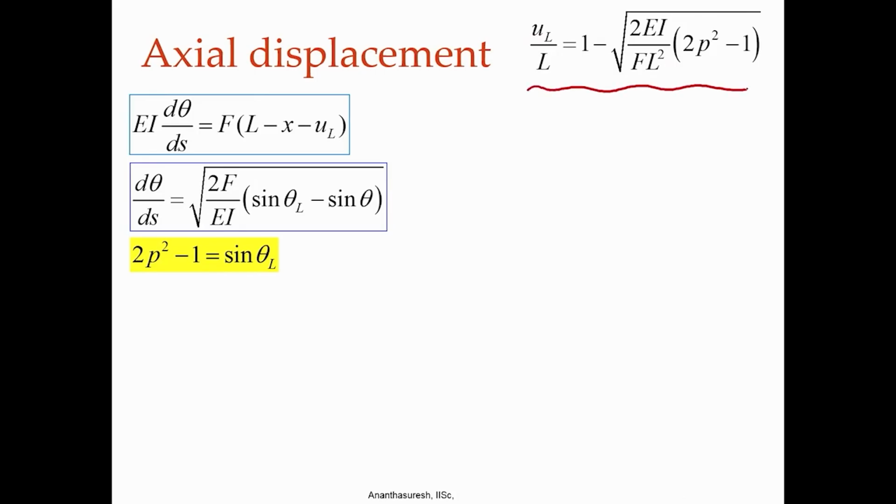In order to do axial displacement, that is U L, we had written that expression earlier, that basically comes from this equation that we can do at theta equal to 0.